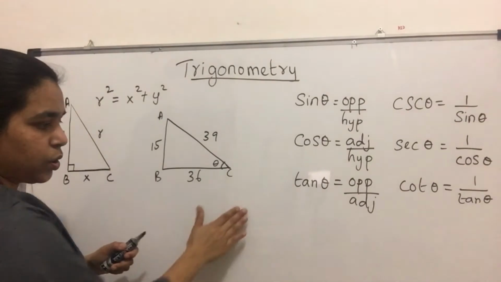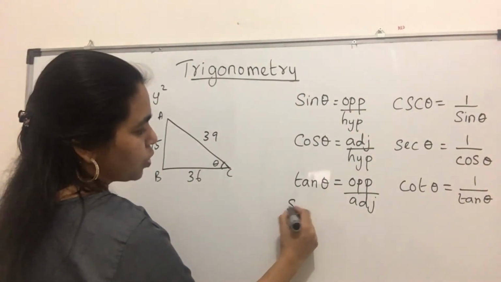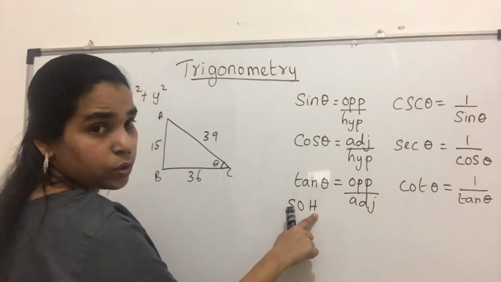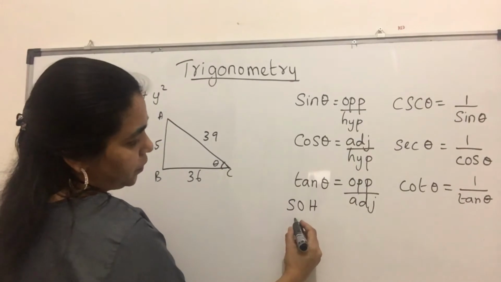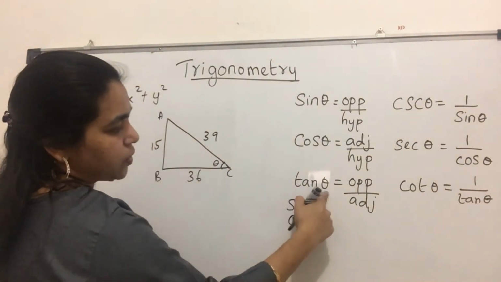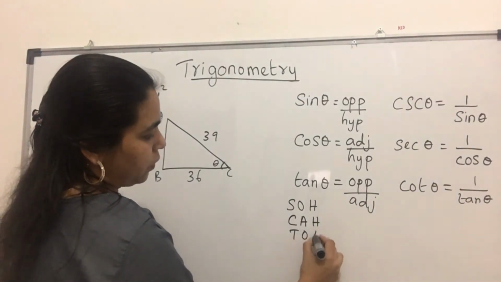In short form, to keep it in mind, you can say SOH: sine is opposite over hypotenuse, CAH: cos is adjacent over hypotenuse, and TOA: tan is opposite over adjacent.